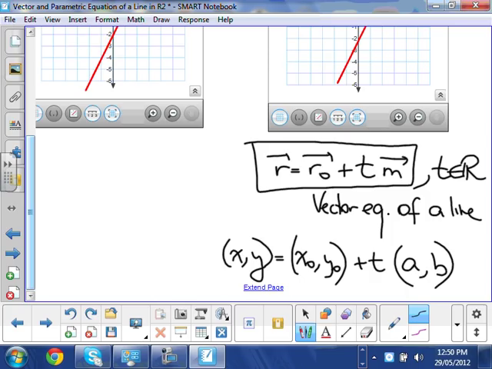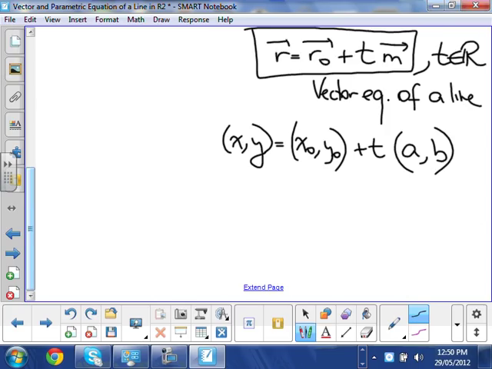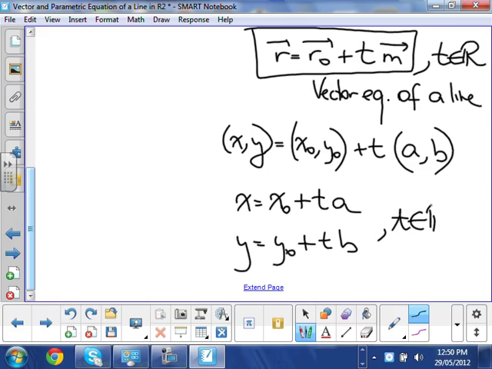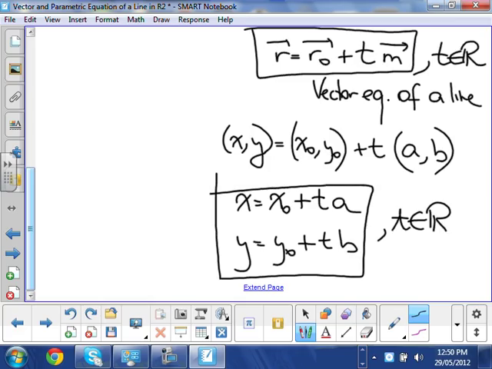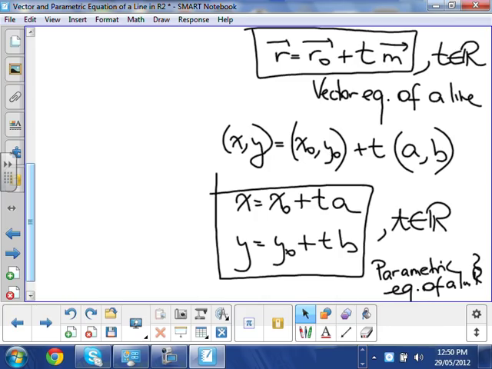This is a notation I did. Let's write this in components. The x component, x equals x0 plus ta, y equals y0 plus tb, where t is nothing else but a real number. What I got here is the parametric equation of a line in R squared.